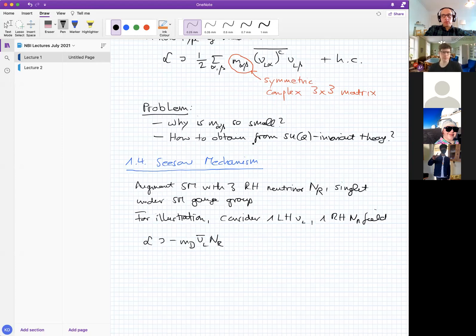So this problem here, how to obtain from an SU2 invariant theory, does not exist for them. Well, because they don't transform under SU2 symmetry. So we will write down a Majorana mass term for them. There's no symmetry that forbids it, so we have to write it down. The coefficient here is called M_M. And we write N_R charge conjugate bar times N_R.